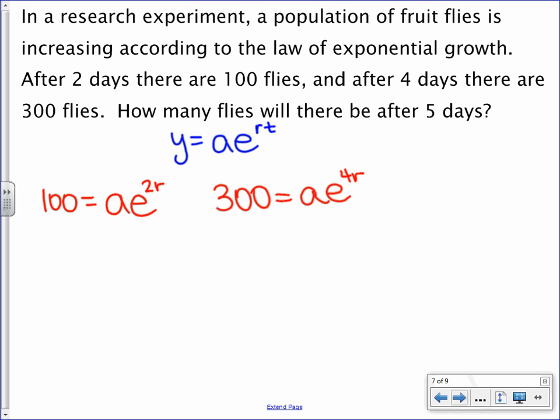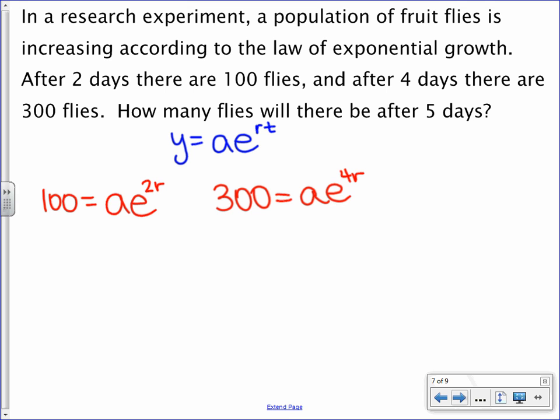Yeah, then you can find the rate and then plug everything back in. But we need A. A is our initial amount when T is 0, right? But not yet. Think of a different letter up there.